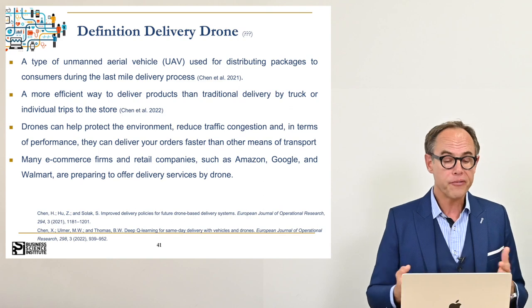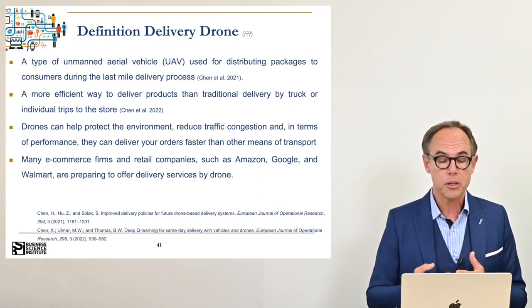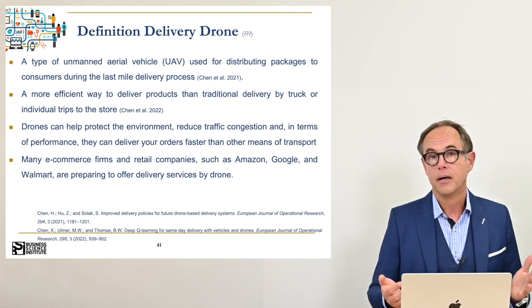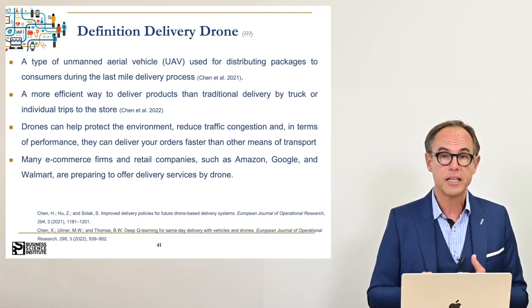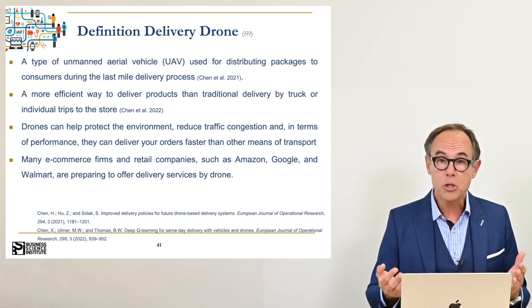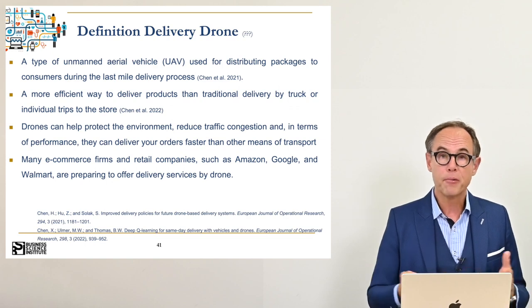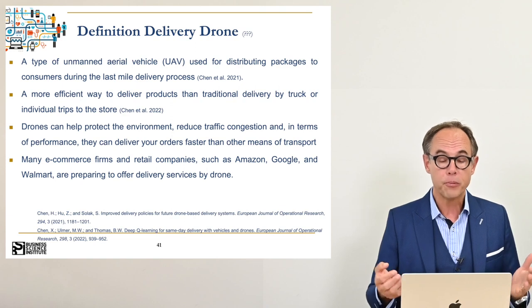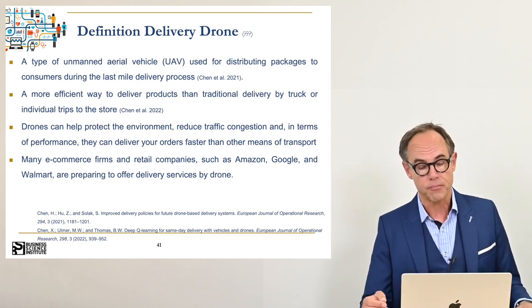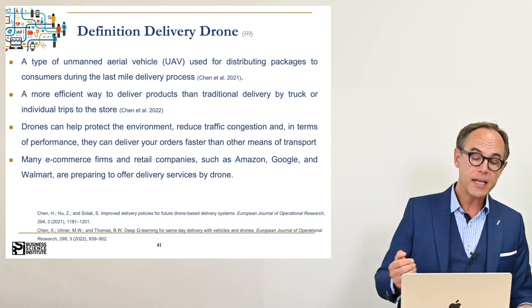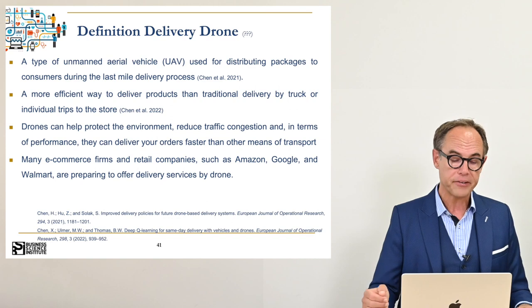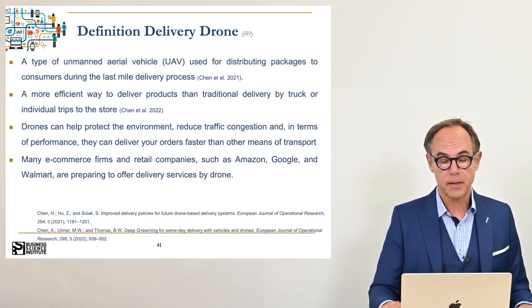It's considered as a more efficient way to deliver products than traditional delivery by truck or individual trips to the store, because drones can help to protect the environment by reducing traffic congestions and also CO2 emissions. And in terms of performance, they can deliver quicker, faster than other means of transport. And it's not a hazard that many e-commerce firms and retail companies such as Amazon, Google and Walmart are preparing to offer delivery services by drones.